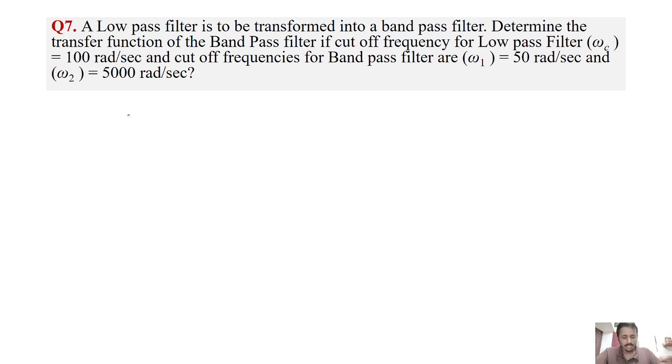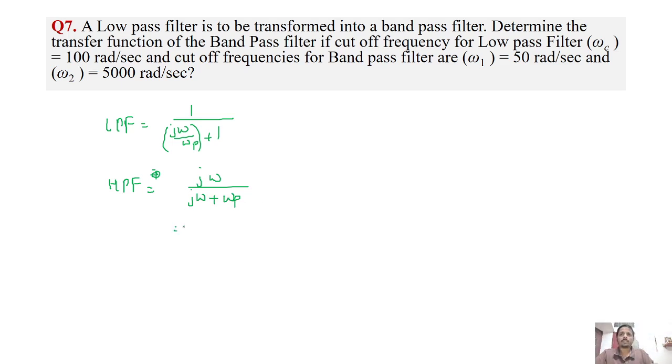For example, for band pass it will take time, but for low pass, as I mentioned earlier, it was 1 by j omega by omega p plus 1. I will take the high pass filter first and bring high pass to low pass. So j omega by j omega plus omega p.